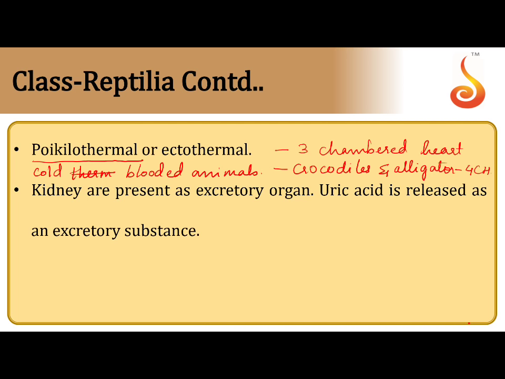In their homeostasis, they do not have any capacity to control their body temperature. This can be done only by homeotherms like birds and mammals. So these creatures are very much dependent on the external temperatures, and hence we call them ectothermal.